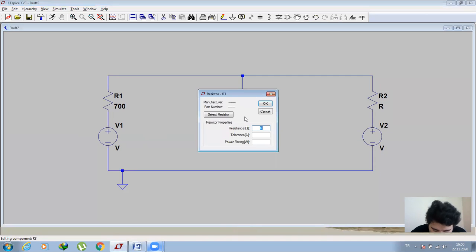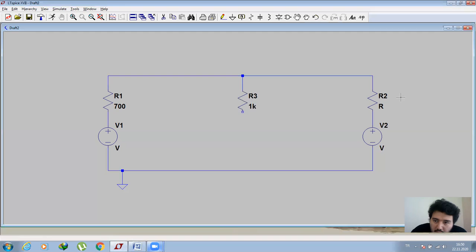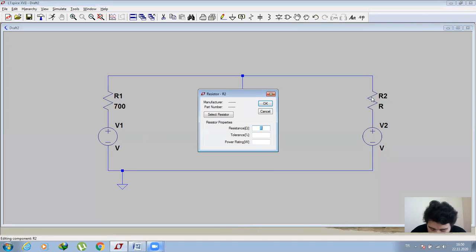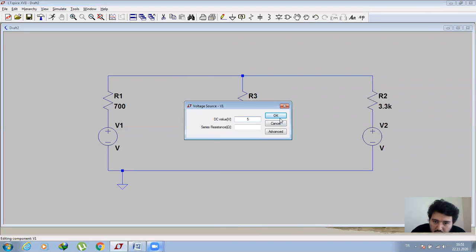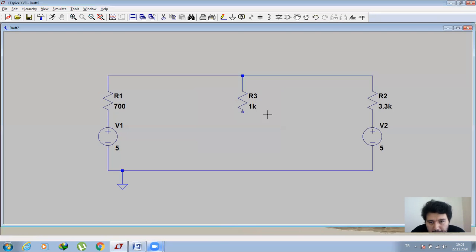I am assigning here, for example, 1k ohm. I am assigning here randomly 3.3k ohm. Okay, and the voltage is 5 volt, and the second voltage is 5 volt.